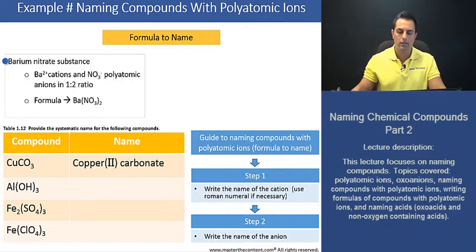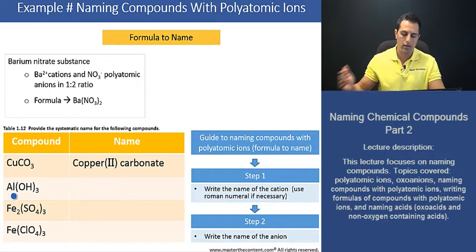Whenever we have a substance which contains more than one polyatomic ion, such as barium nitrate, which contains barium cations and nitrate polyatomic ions in a 1:2 ratio, then in those types of scenarios, the formula is written with the polyatomic ion placed in parentheses, as we see here, and the number of polyatomic ions present is given as a subscript outside of the parentheses. So if you see polyatomic ions written in parentheses, now you know what it stands for.